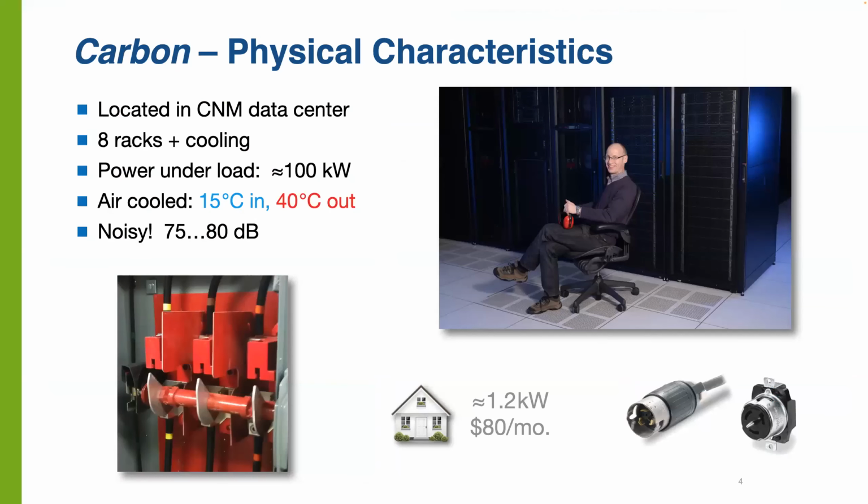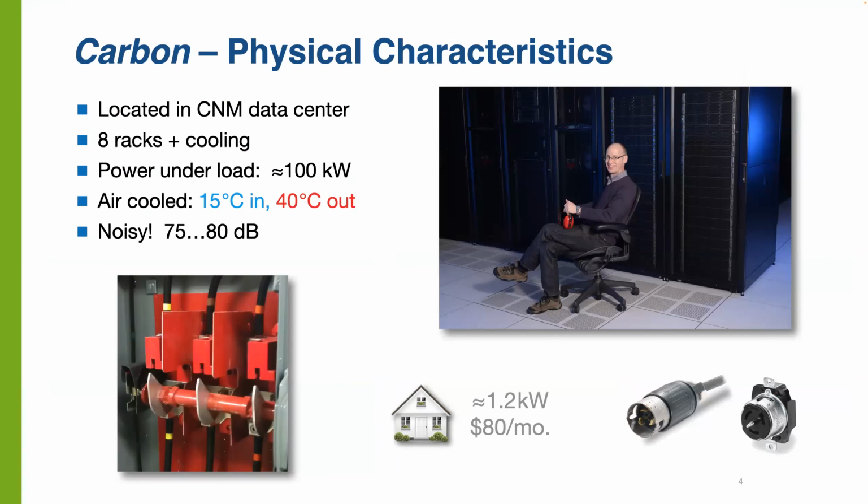The system is located in the building of CNM in our data center there. We currently have 8 racks and cooling included. And here are some numbers for the physical characteristics as far as power consumption is concerned, and airflow.